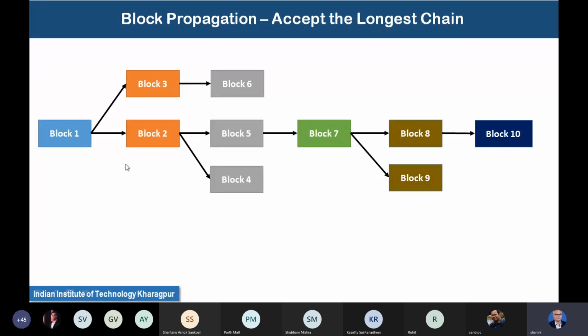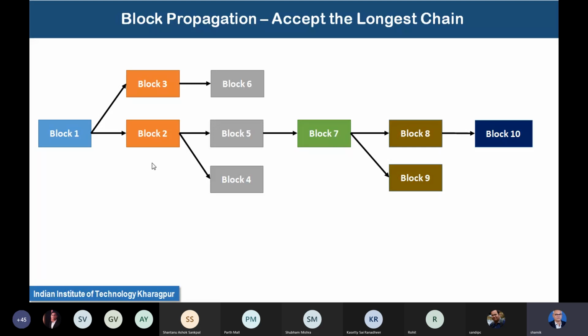Now you see that if more number of nodes thought block 2 was the child of block 1, then when they are mining, they will remove from their pool of transactions only those transactions which are in block 2. Others who are mining based on block 3 as the immediate previous block will remove the transactions in block 3 from their pool and start trying to do the mining.